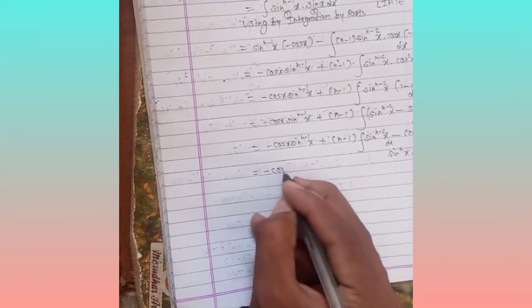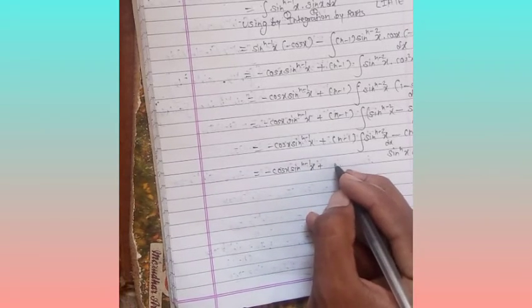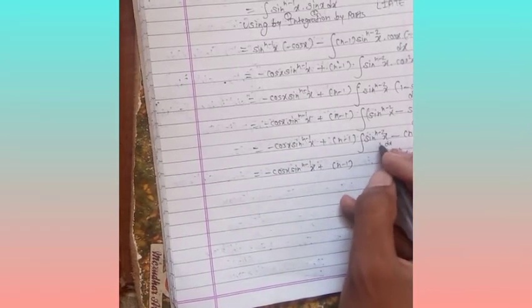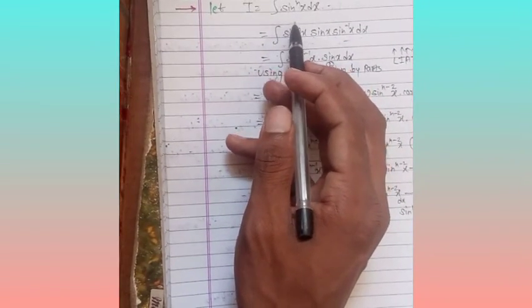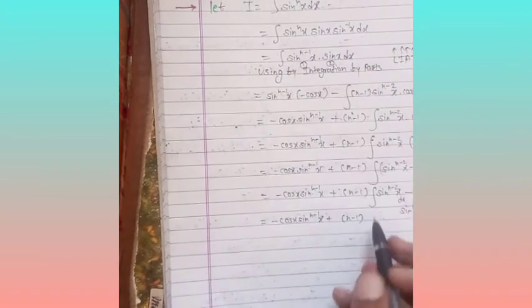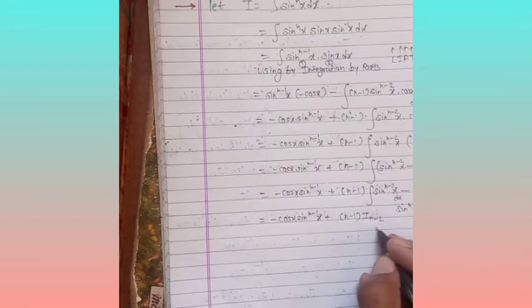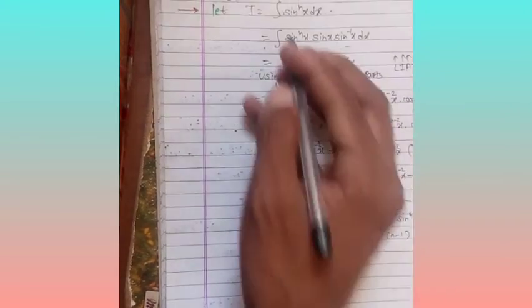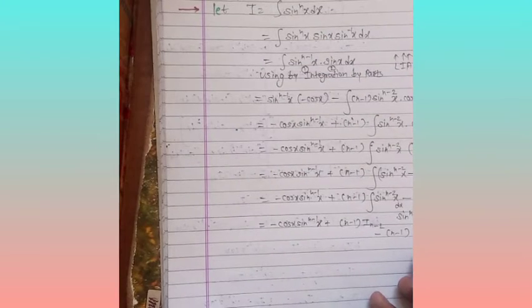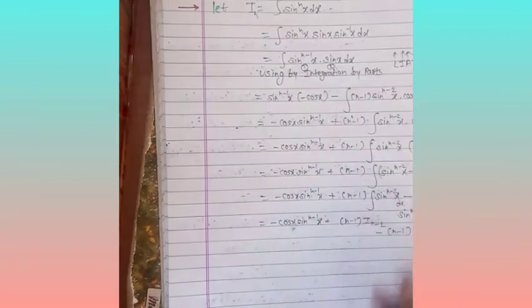So this term as it is, plus n minus 1 as it is. As we assumed that I equals the integration of sin raised to n x dx, similarly this will be I n minus 2 minus n minus 1, and we know that the integration of sin raised to n x dx is I n, as we assumed before.